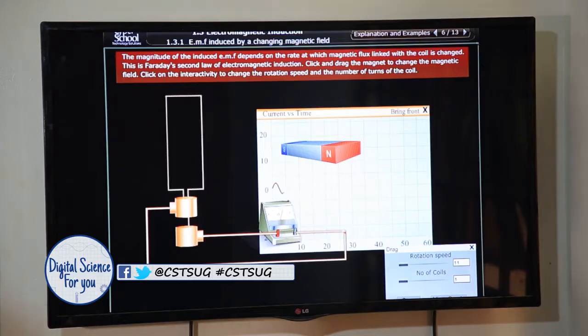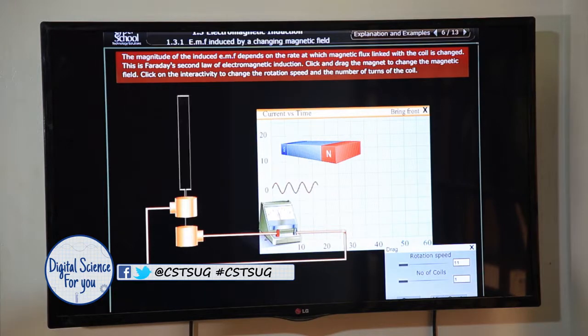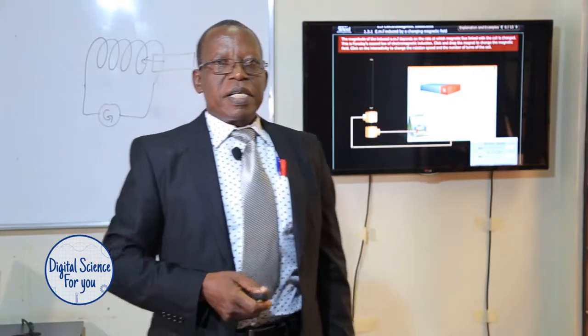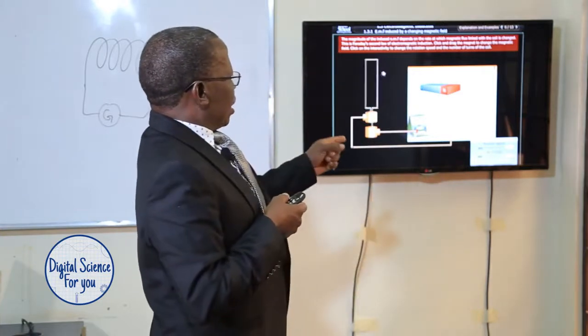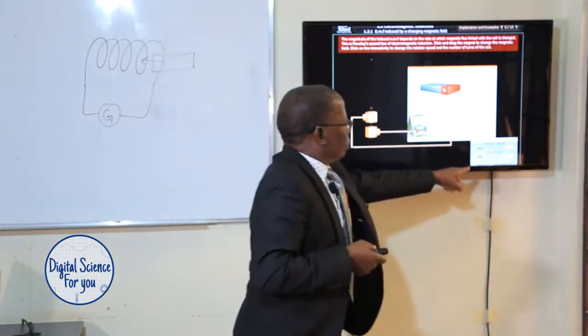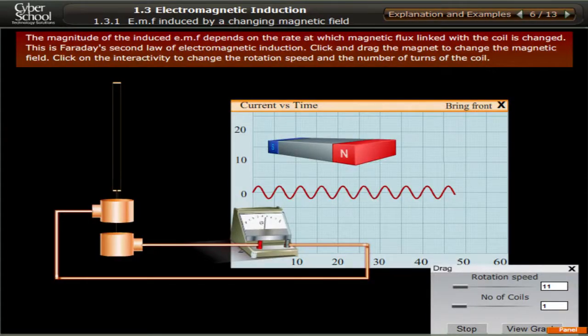When you click on rotate, there is a sine wave representing the induced EMF in the coil as you move the magnet into the coil and then out of the coil. Now we can click stop, and then we drag the rotation speed from 11 to about 20.